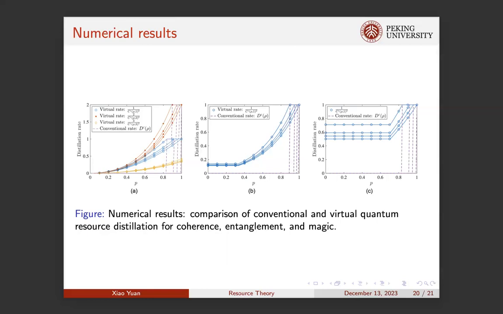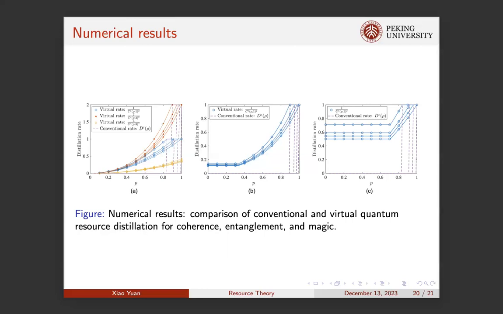For the single-shot conventional case, you can see that the distillation rate is not continuous, right? It jumps suddenly because of the conventional no-gos or definition limitations. But if we switch to the virtual distillation case, we can see that the distillation rates are much smoother.